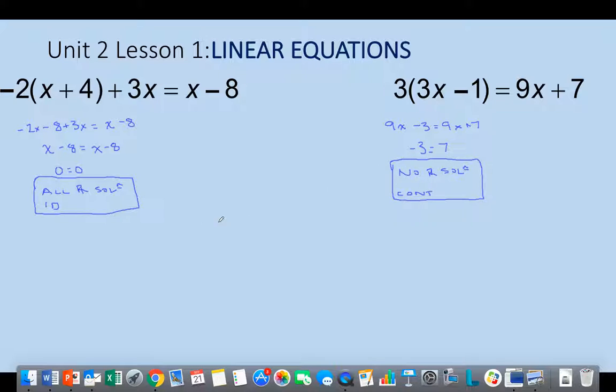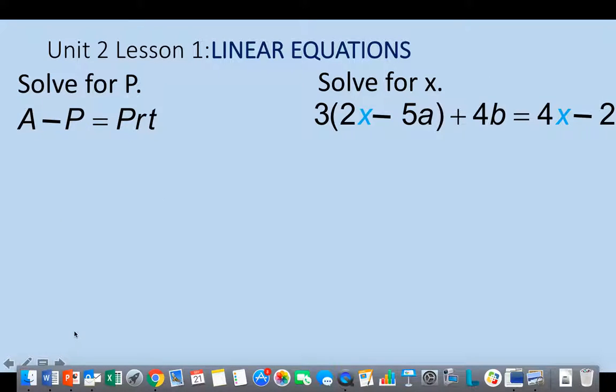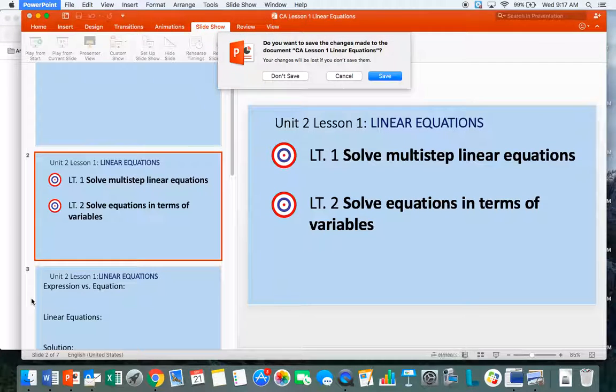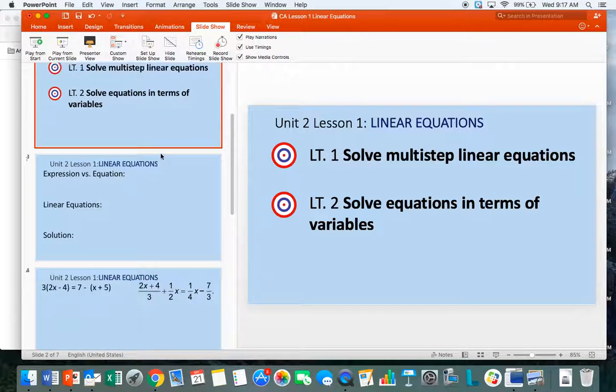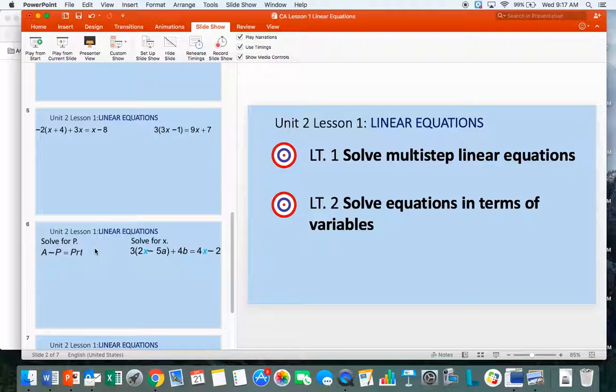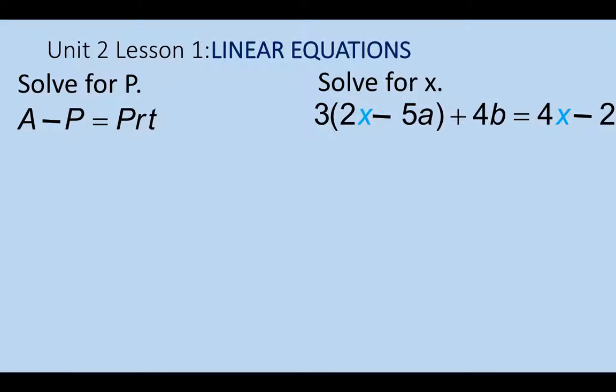All right. The final learning target for today was be able to solve for variables in terms of other variables. So here I've got a minus p equals prt. I might recognize that from some business stuff, but if I'm solving for p, what I'm going to do is, well, first I'm going to add p to both sides.